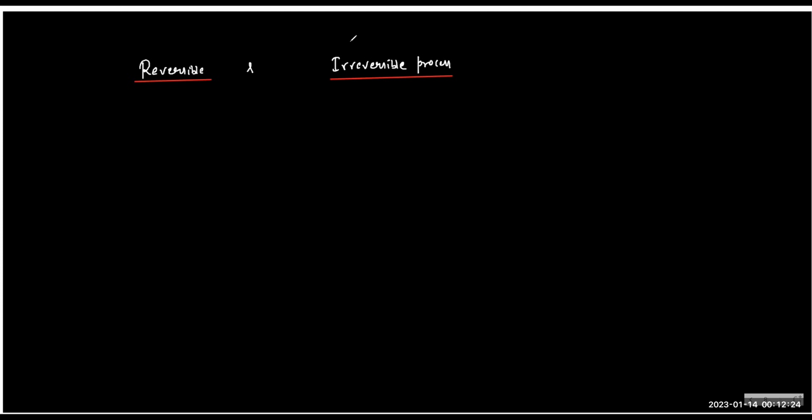We do not need any external agent. It is happening naturally. And if something is happening naturally, it will lead to an irreversible process only. And because the process is irreversible, the change of entropy of such a process is bound to be positive. Understood?